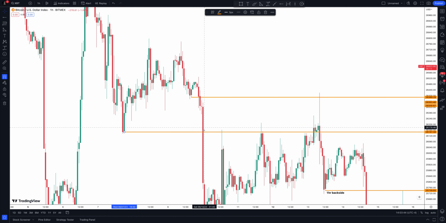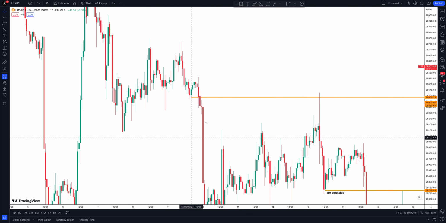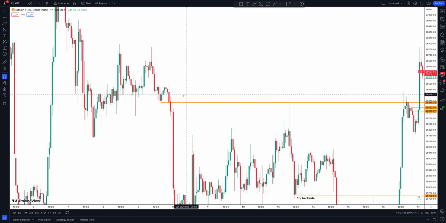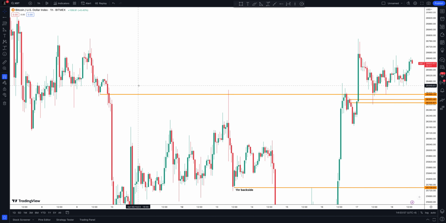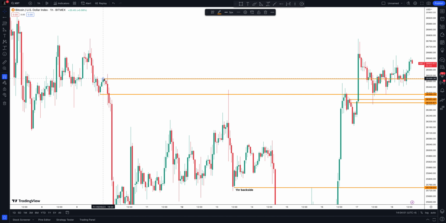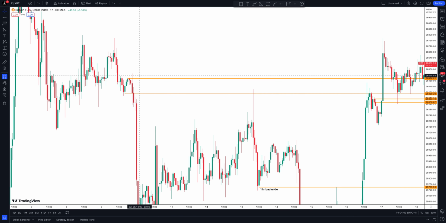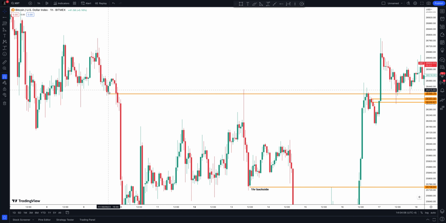For me, if it's already been a downtrend, you would mark it to the most current peak, right? Which would be this here. This would now become your backside level. And as you can see here, here's your backside level. This would be your front side to your backside. But again, we're not doing front side right now, okay? So this would be your backside.